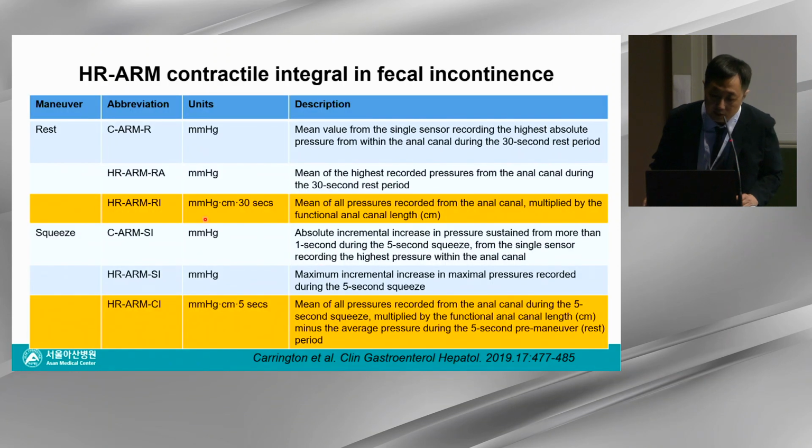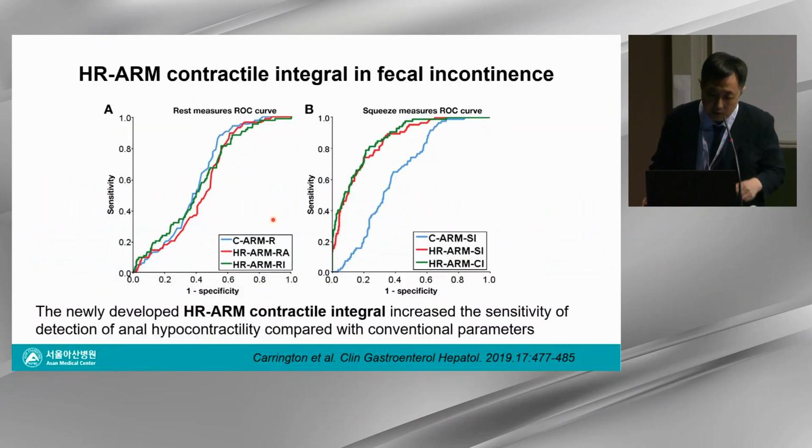As you can see, the novel parameter is made by multiplying amplitude, distance, and a certain time period, like DCI in esophageal high-resolution manometry. In their beautiful study, they found that, as you can see, the green line is the contractile integral. The newly developed high-resolution anorectal manometry contractile integral increased the sensitivity of detection of anal hypocontractility compared with the conventional parameters.